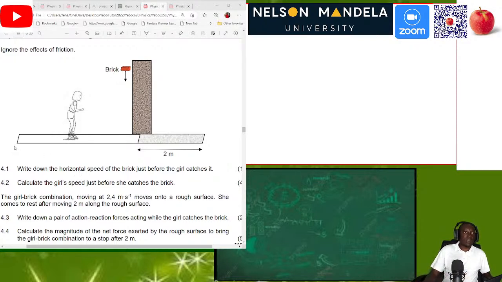Oh, my screen. What happened to my screen? Why is my screen not showing?